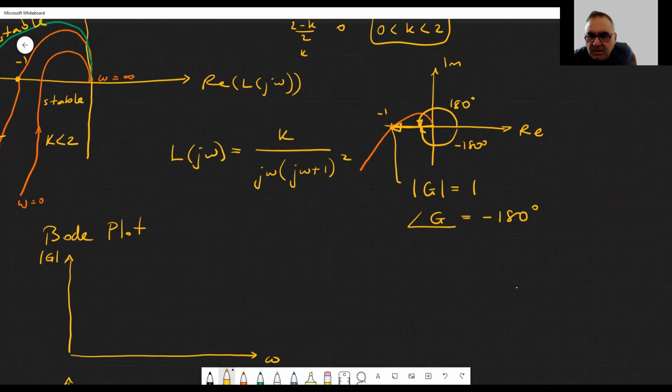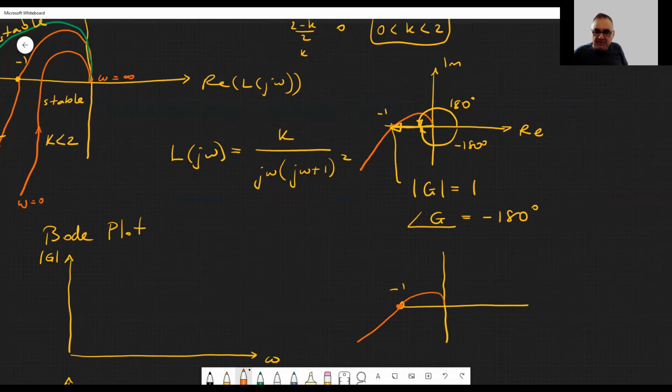Well, this is just complex variables. You have a point, the -1 point, okay? And you have a transfer function, a curve that passes through that point.